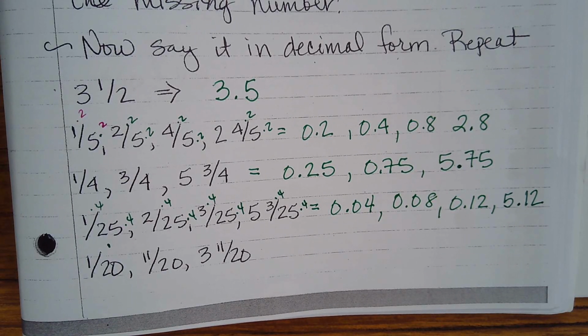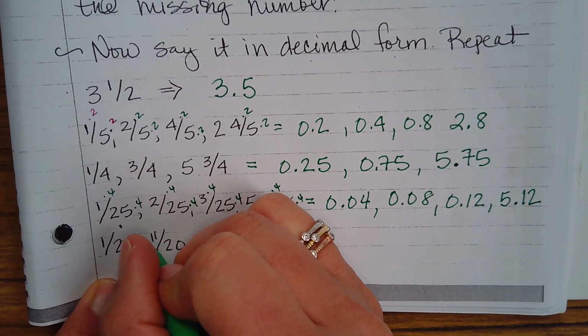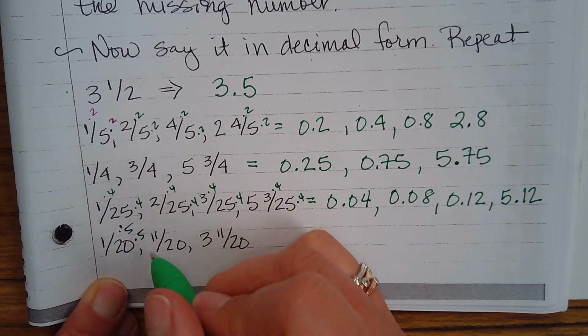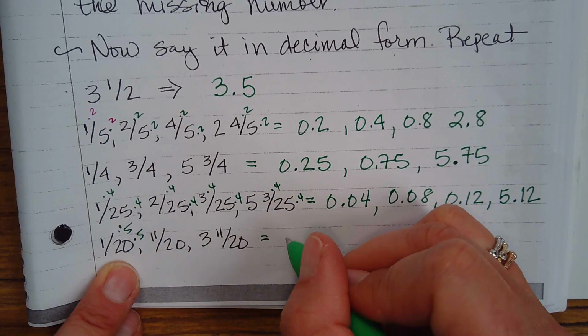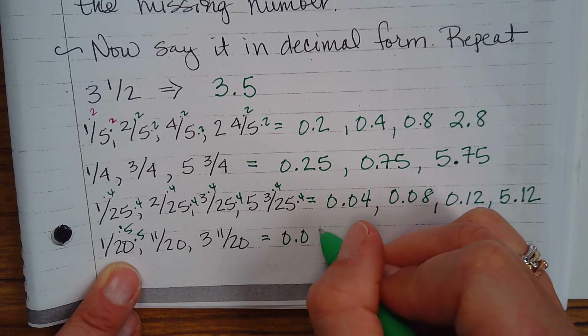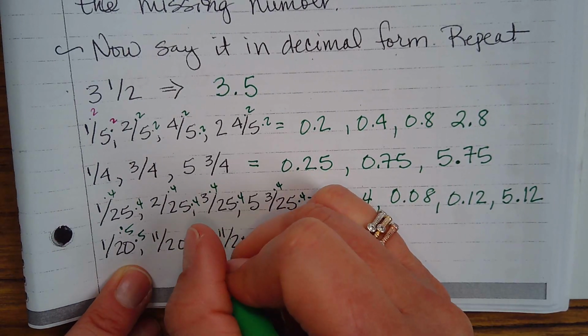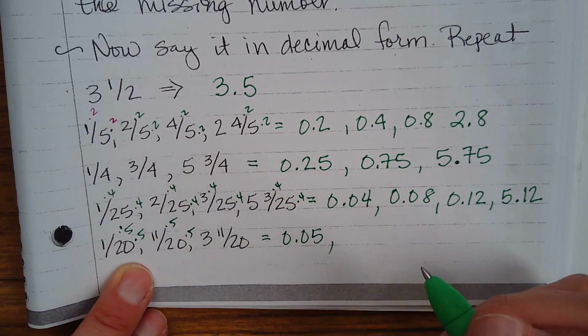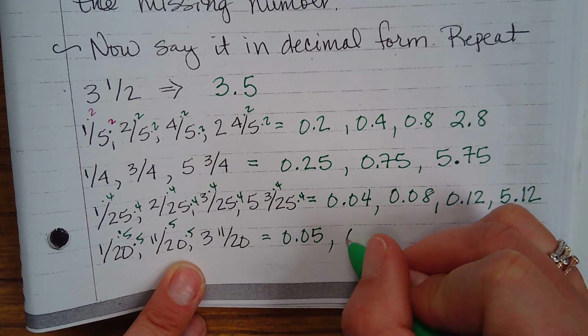Now the same idea with 20ths: multiply by 5, multiply by 5, and you have 5/100ths.